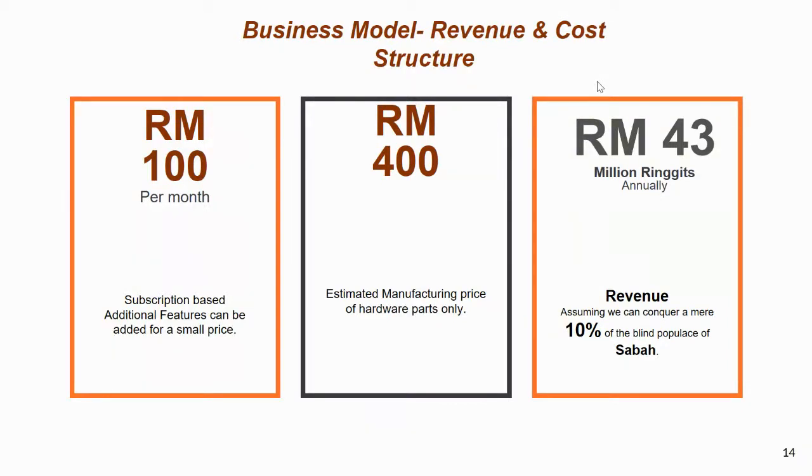Maybe these blind people do not have much income, but maybe they can get some help and data from the government, and they can choose one of these categories. They can either pay 100 per month or even 400.